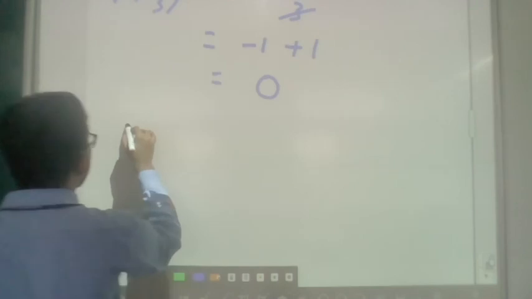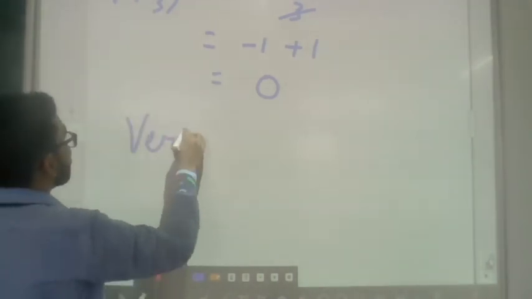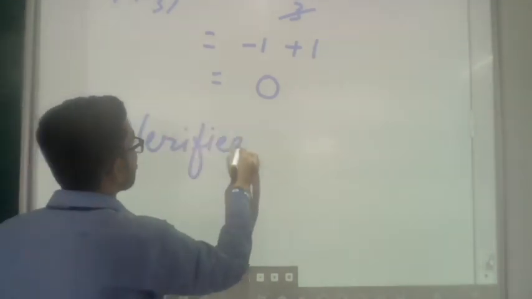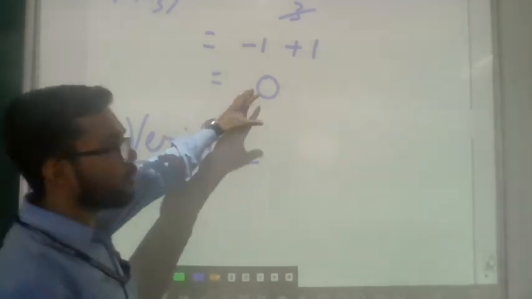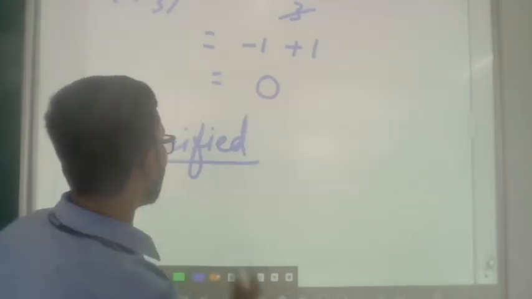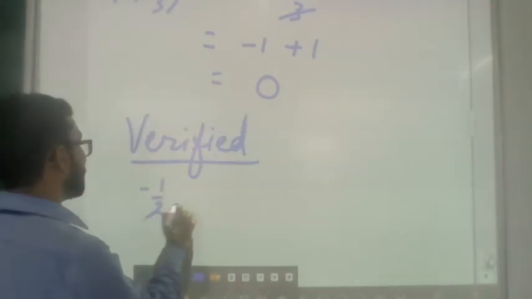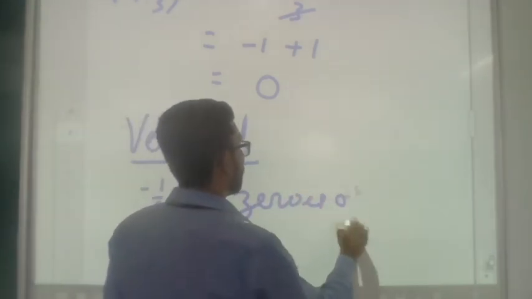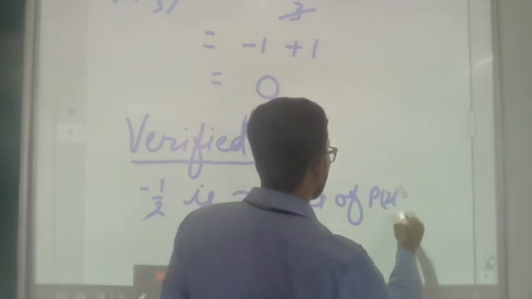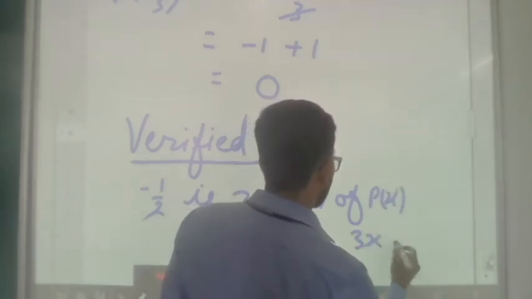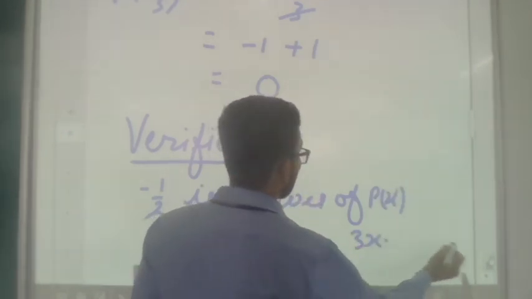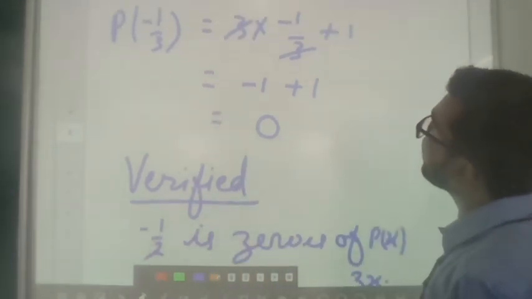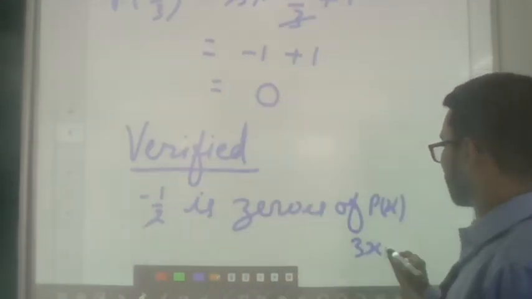So we will write verified, because the value we obtain is 0. That is why minus 1 by 3 is a zero of the polynomial 3x plus 1.